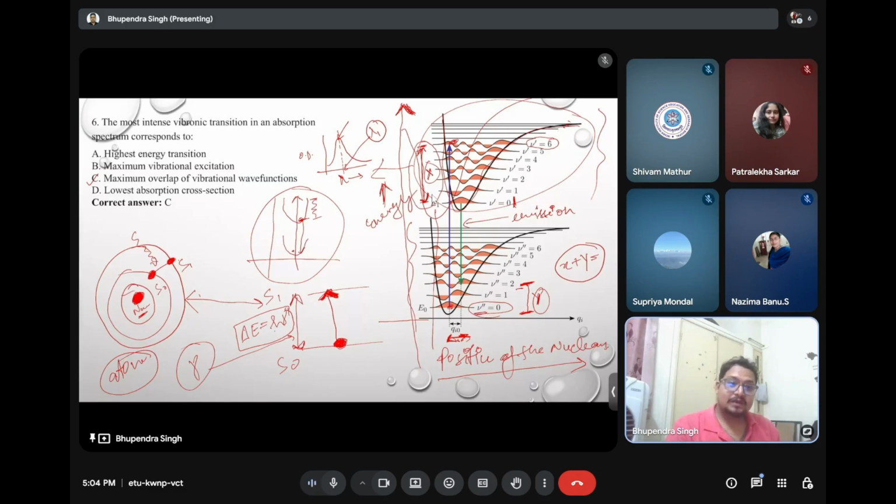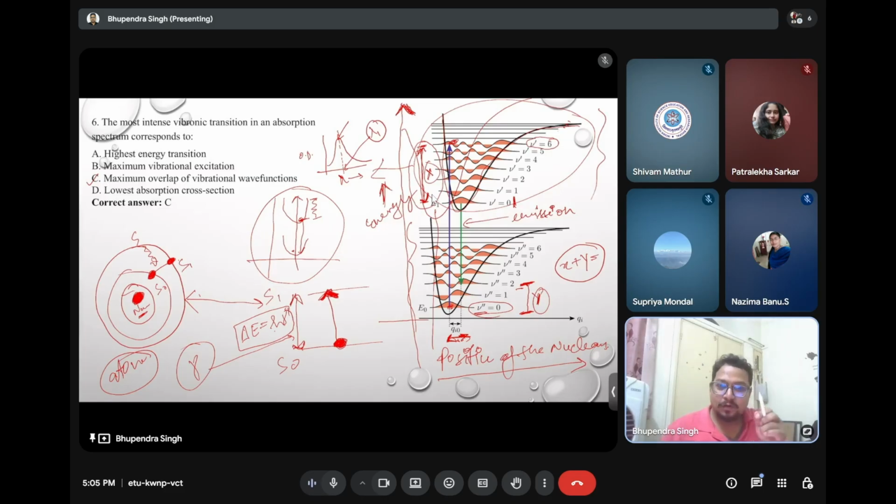But when you excite the electron from S0 to S1, the charge of the nucleus and the electron will be spread out, so the position of the nucleus will change. Actually, it will change. For the calculation, they have approximated that the position of the nucleus is not changing, but it changes. Otherwise, the calculation will be very difficult. So they have separated out the nuclear part.